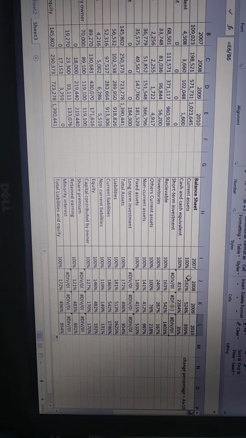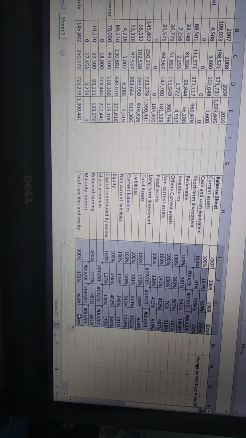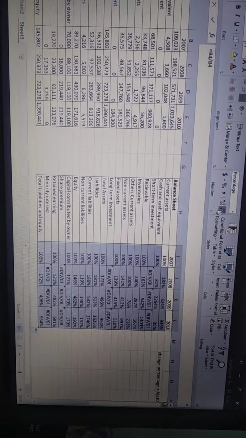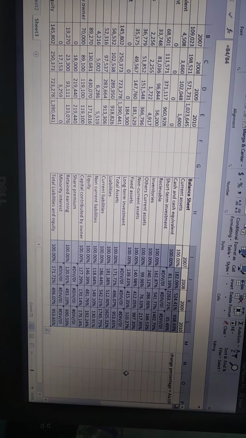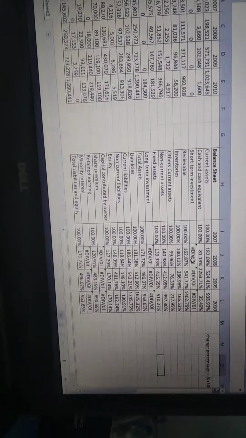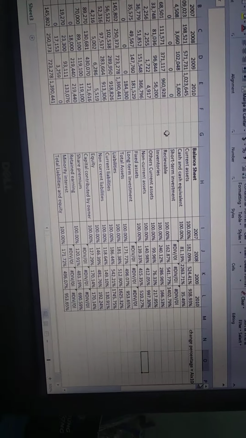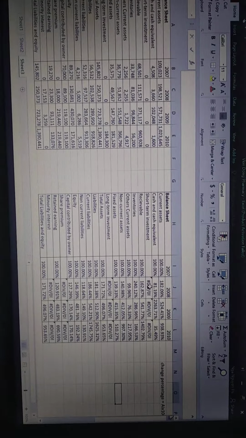Okay, so we should change, we take two numbers after the point here, right? Okay, and in the case that we got an error number here, for example, the case of short-term investment, 0 over 0, so we just delete it.